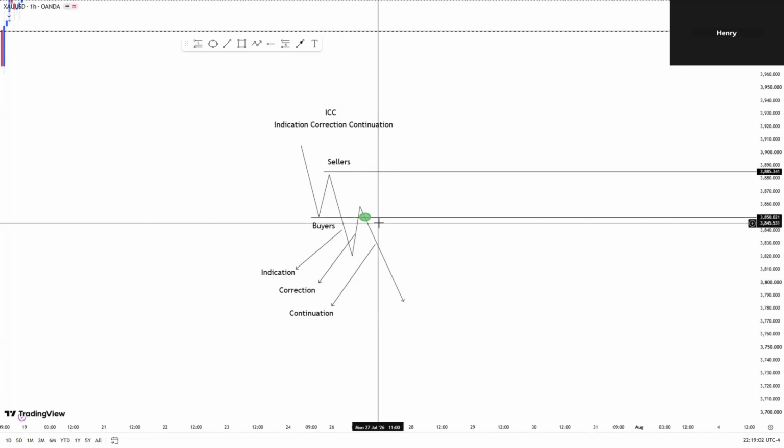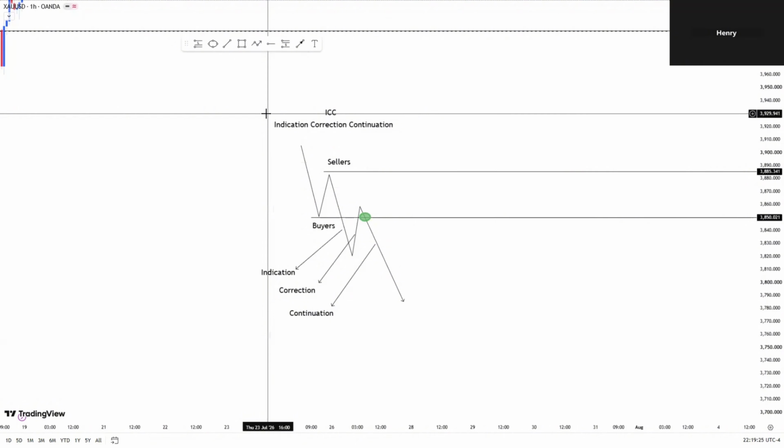Continuation: price is simply repeating the exact same move it did on the indication, and we're looking for price to create another lower low or higher high in both senses, right? So please take down your notes. I don't know if I'm speaking too fast, but please take down the notes and keep it as simple as possible, right? So boom, let's get on the charts.